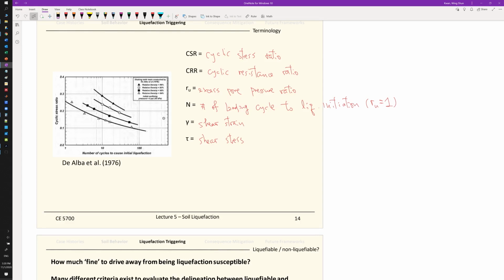And the graph here on the left shows you the cyclic stress ratio, the CSR versus the N. So in this graph, this curve here, you get a different soil type or a different relative density. What we call this is the soil liquefaction resistance curve.